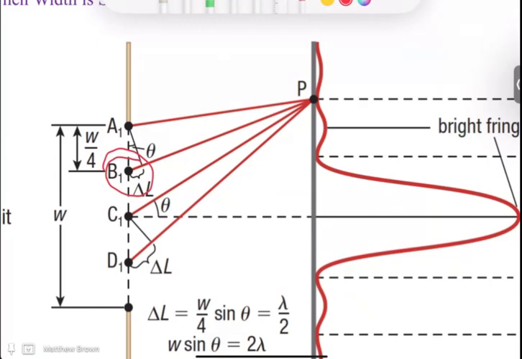But now, doing the exact same trig we did before, right? Just looking at this triangle here. Let me get a different color so it actually shows up. Right, looking at this right triangle here, we get sine of theta is delta L over W over 4.